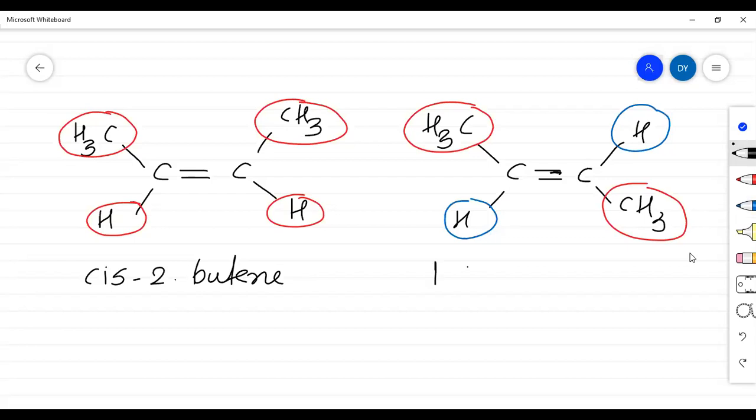So that's why this is called trans. So students, this is the example of cis-2-butene and trans-2-butene. These are stereoisomers called geometrical isomers.